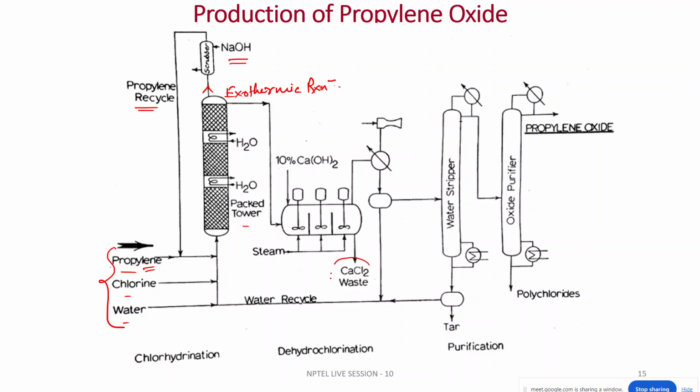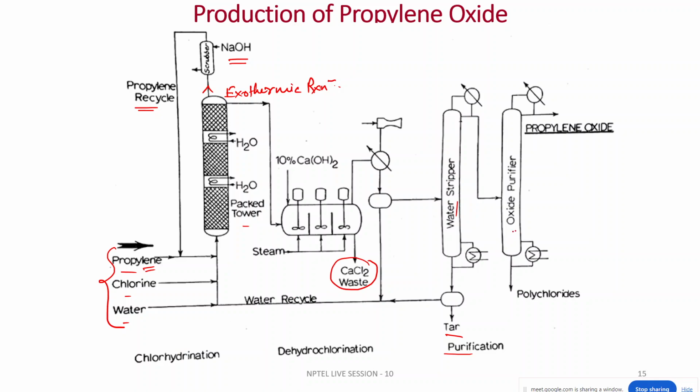And also the byproduct CaCl2 waste will be separated out. Then the product is taken to the water splitter. From the bottom, the tar is collected as a heavy end.